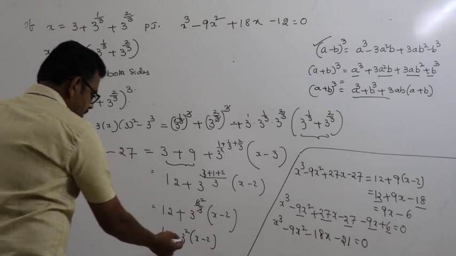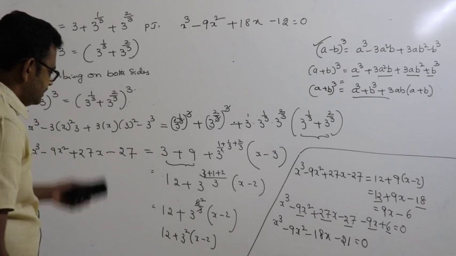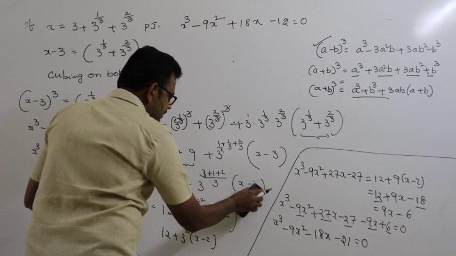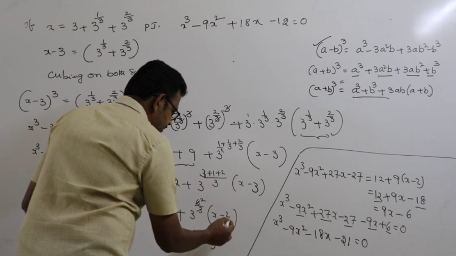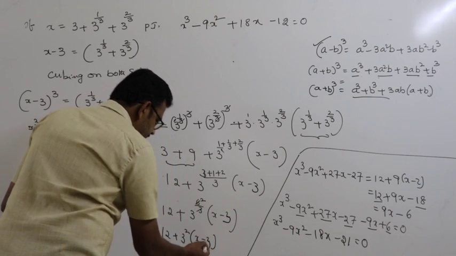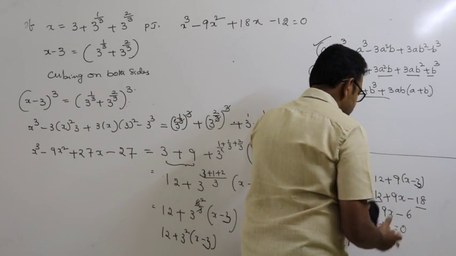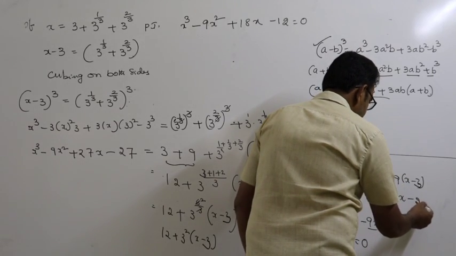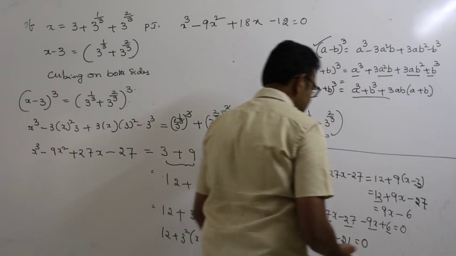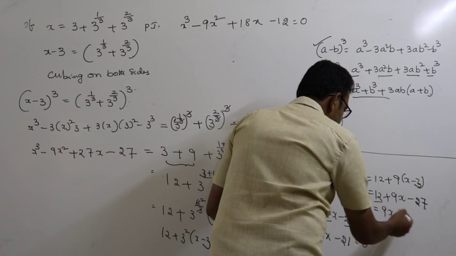So this is 12 plus 9 into, sorry, it is x minus 3. I have made a small mistake. This is x minus 3, so this is 3 and this is also 3. So this is 27. So this is 9x minus 15.